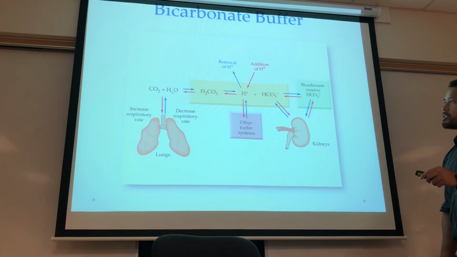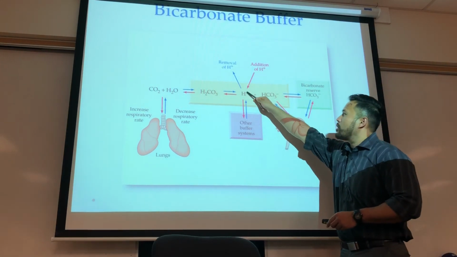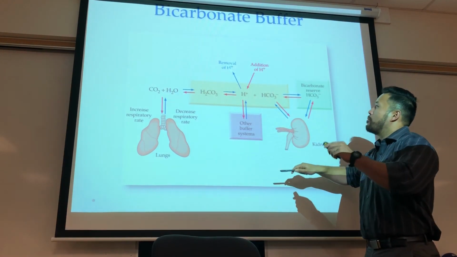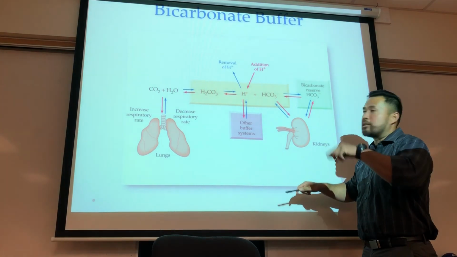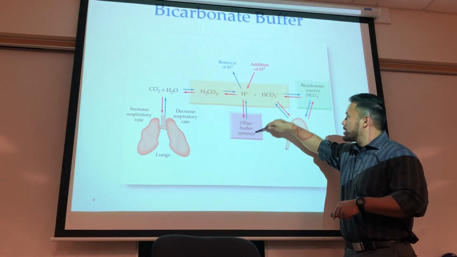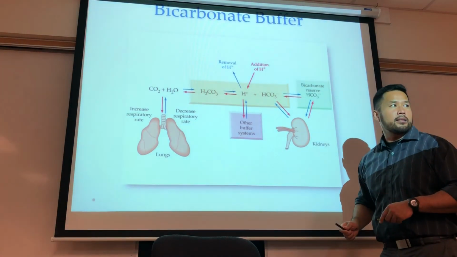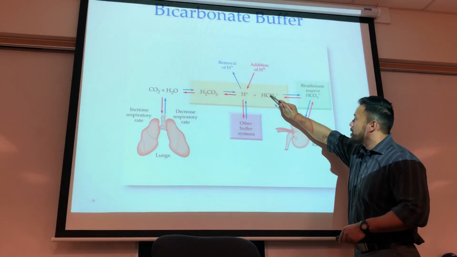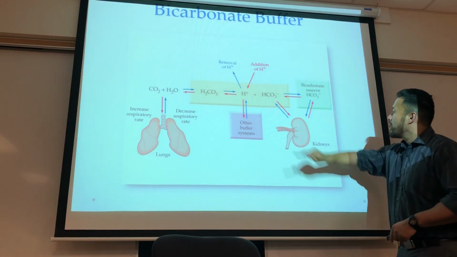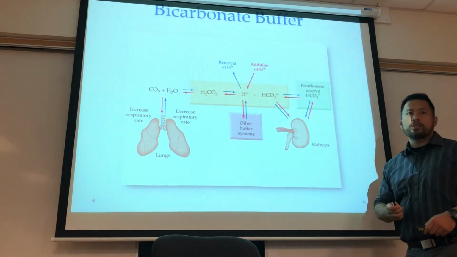The CO2 that gets dissolved in water will create that carbonic acid. That carbonic acid will again dissociate into a hydrogen ion, where we can either remove it or we can add it if we need to. We've got other buffer systems like the kidneys that will be able to eliminate those hydrogen ions. That buffer, that HCO3, becomes part of our bicarbonate reserve.